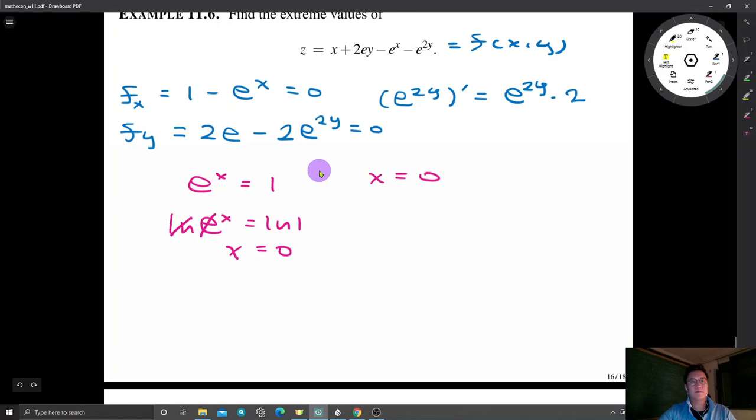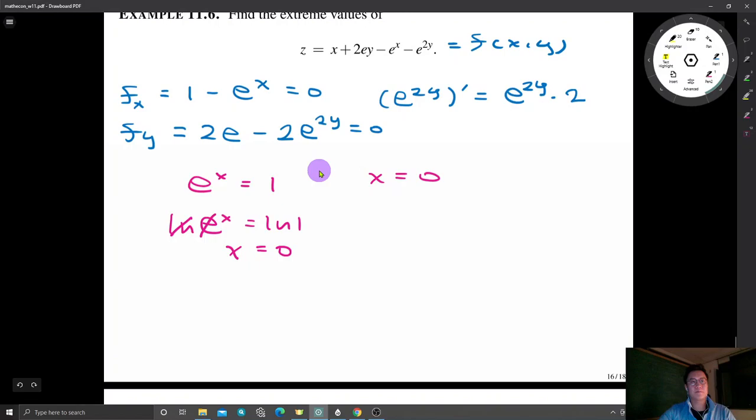Okay? And from the second, 2e equals 2 e to the power 2y. So canceling off 2 first. Okay. So we have e to the power 1 on the left and e to the power 2y on the right. Okay. So in order to make these two equal to each other, 2y must be 1.